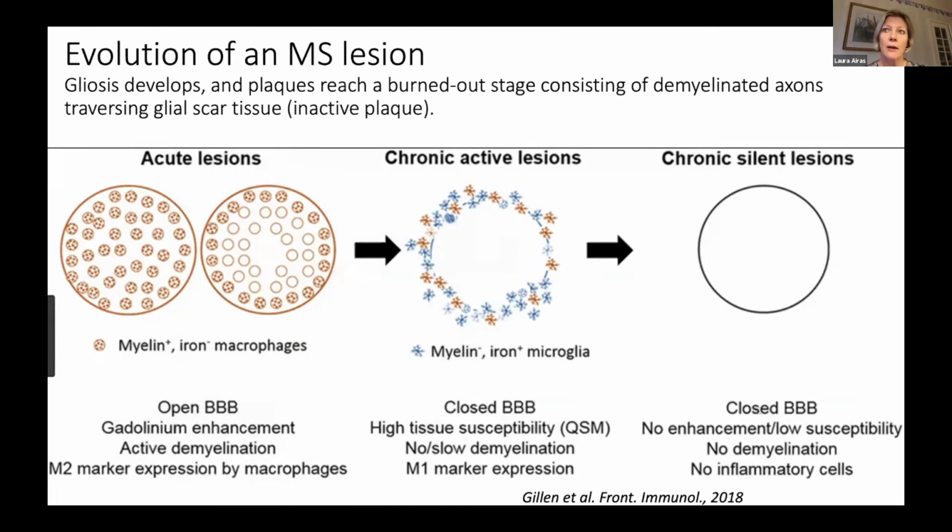And here, the edge of the lesion is formed by activated microglial cells and macrophages, which have a pro-inflammatory phenotype. And at this stage, the core of the lesion becomes acellular with just a gliotic scar. And some of these lesions progress into chronic inactive lesions, which don't have the activated microglia at the lesion edge anymore. So the inflammation dies down and the edema resolves.